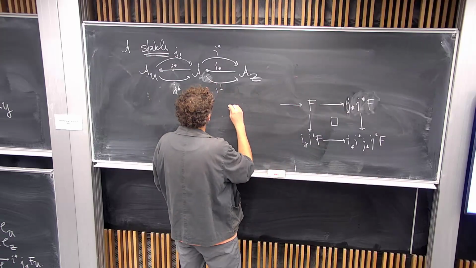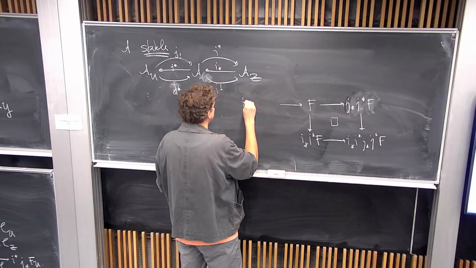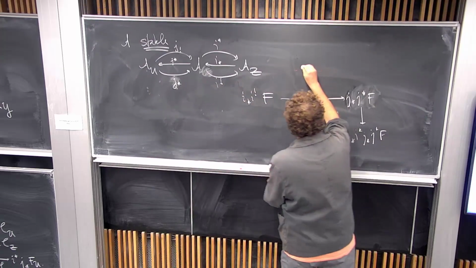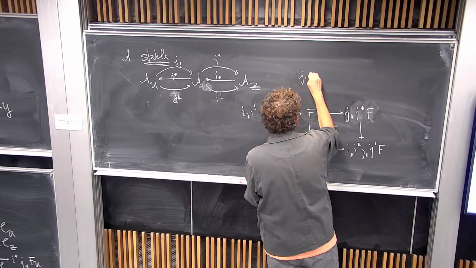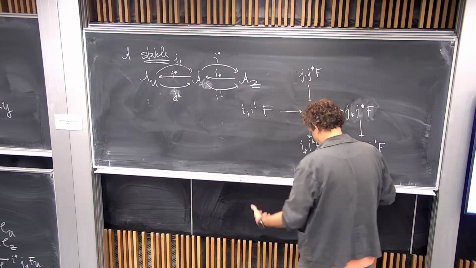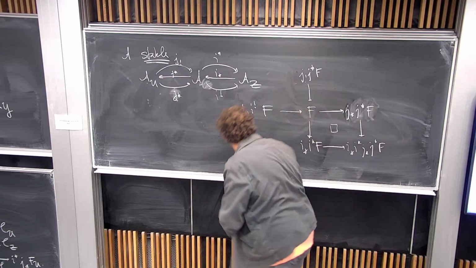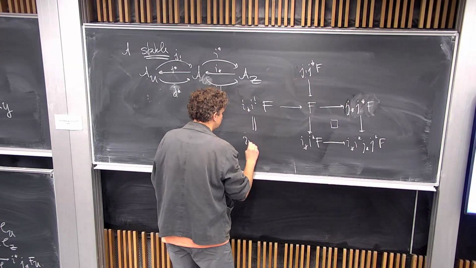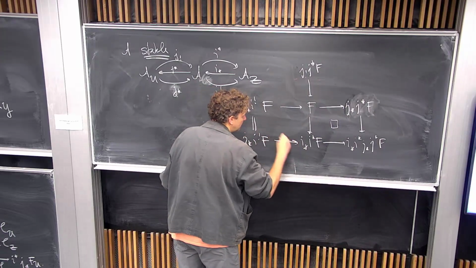It's exactly I lower star, I upper shriek of F. And this one is J lower shriek of J upper star of F. And I guess I could fill this out even further. So this is actually equal to I lower star, I upper star of F.